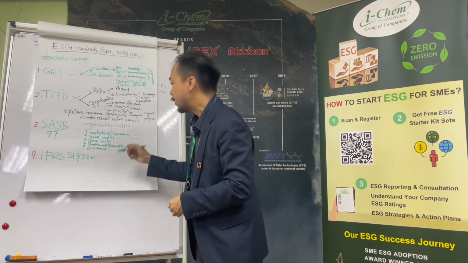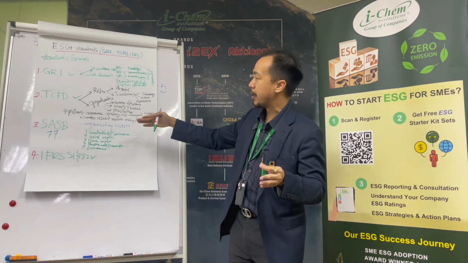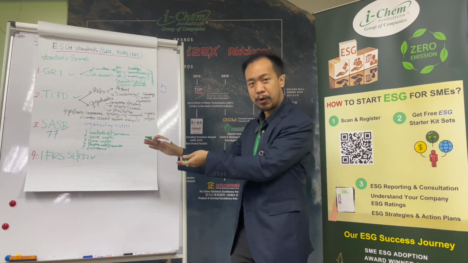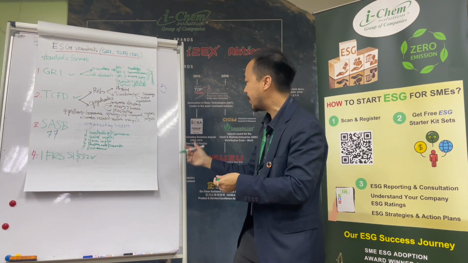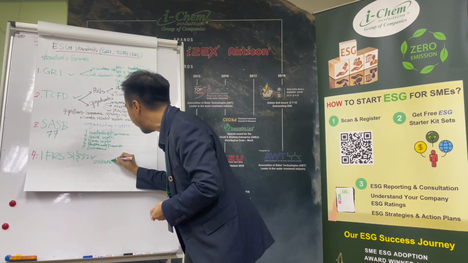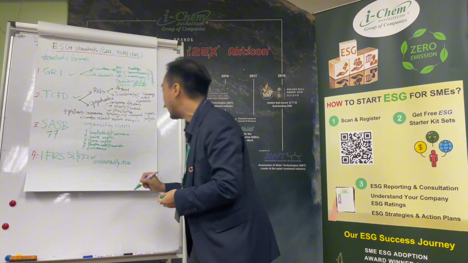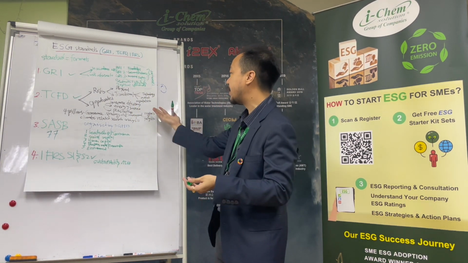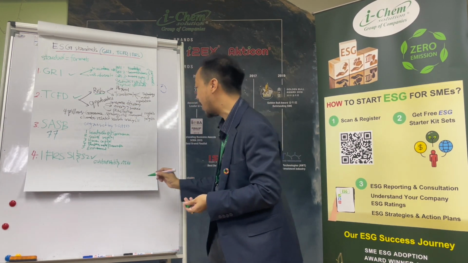Right. The IFRS S1 and S2, like I mentioned, they take all the good parts from the other standards. So basically what I'm going to write here is what I've already written for the other standards. So for the IFRS, we talk about sustainability risks. Now, sustainability risk, you can see, is basically what's reported in TCFD. They talk about risks here as well.